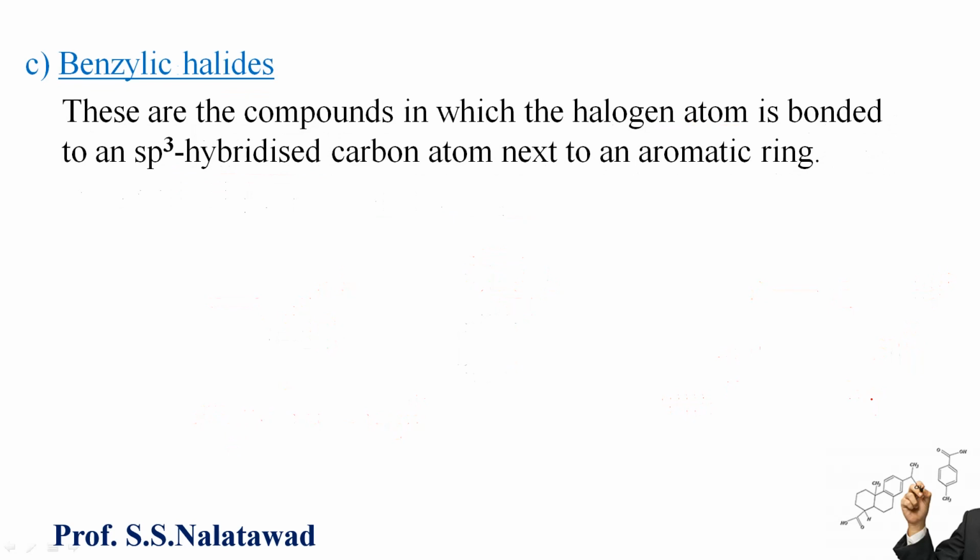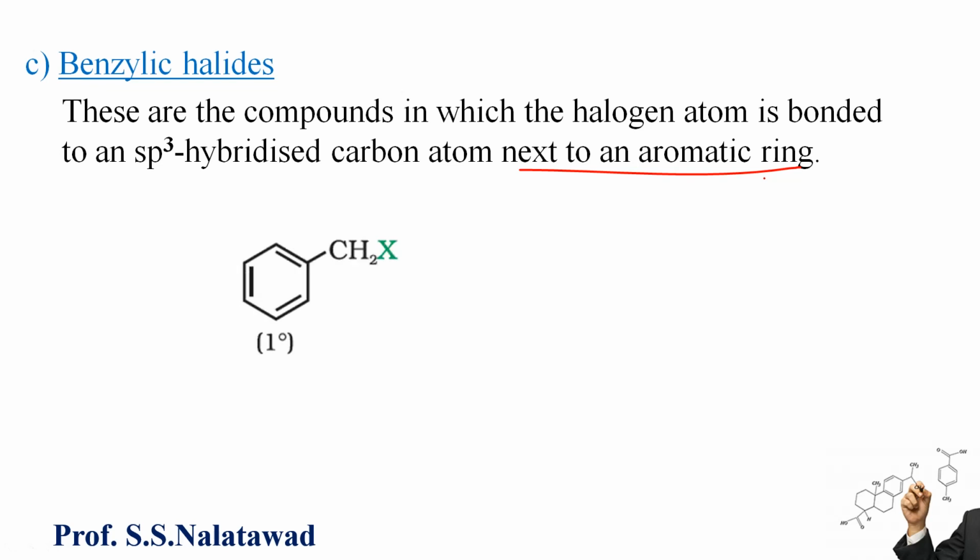Next type is benzylic halides. These are the compounds in which halogen atom is bonded to sp3 hybridized carbon atom next to an aromatic ring. Same as previous, but the change is that the sp3 hybridized carbon atom is attached next to an aromatic ring.